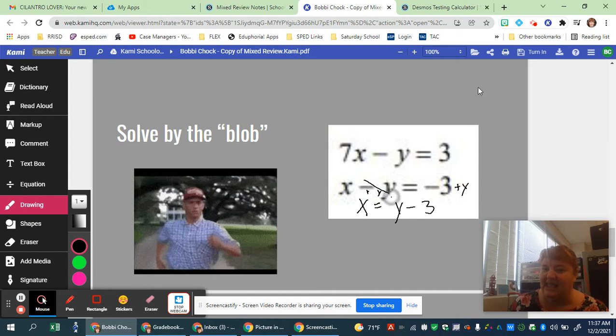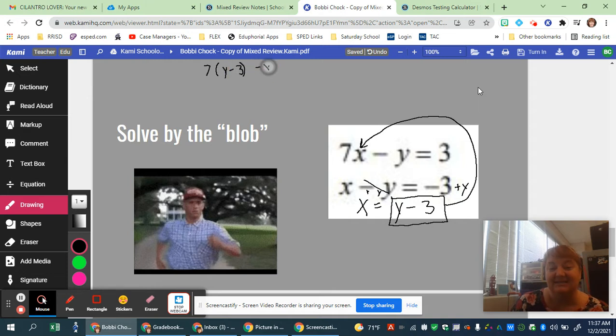Now I have a blob, and I'm down to one variable if I plug this in for x. So then I have 7 times, what is x? y minus 3, minus y equals 3. This is the blob method. Then I use my DC-MAM. Distribute: 7y minus 21 minus y equals 3. That's D.